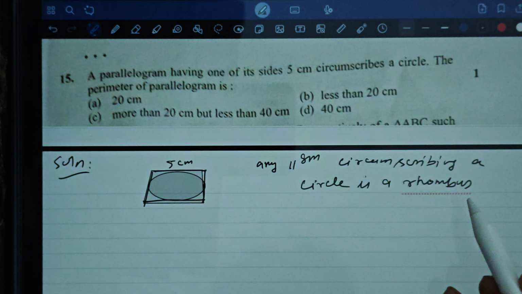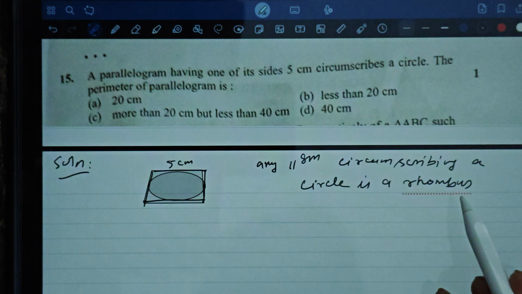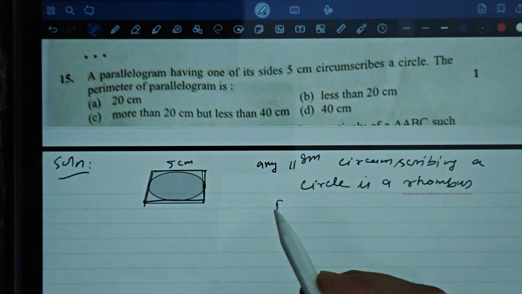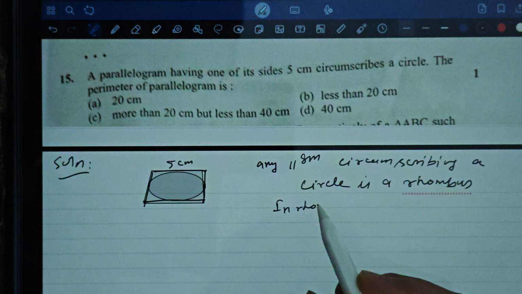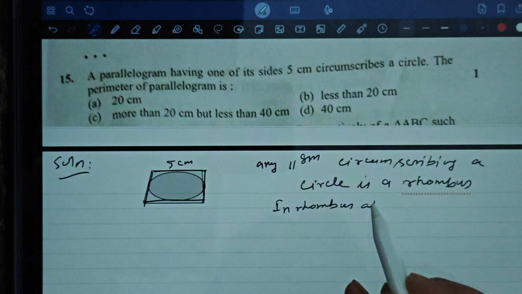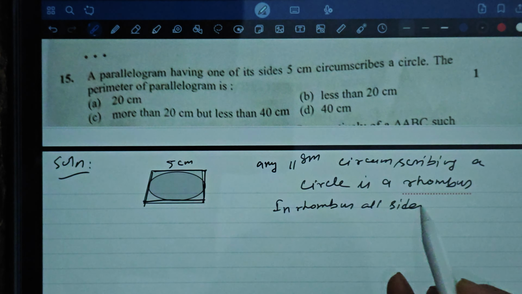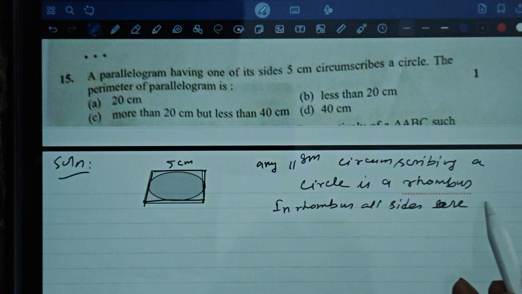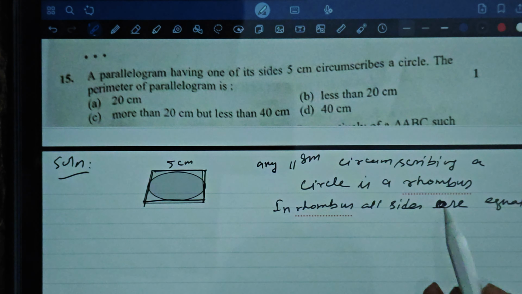Okay, and that statement has to be directly used, and in a rhombus all sides are equal. Okay, this is A.